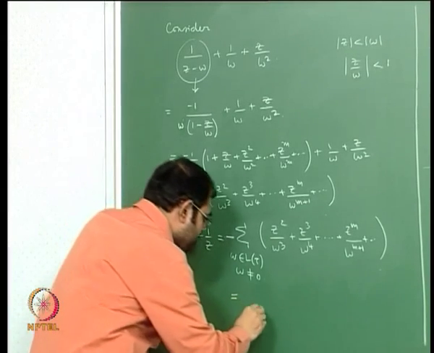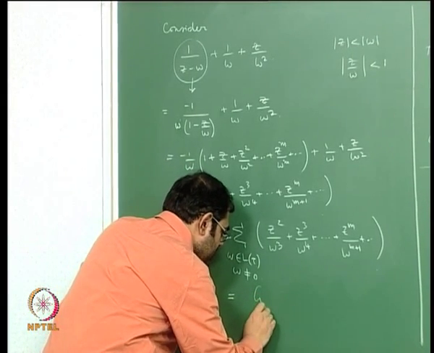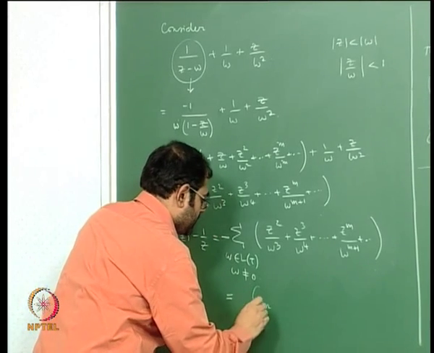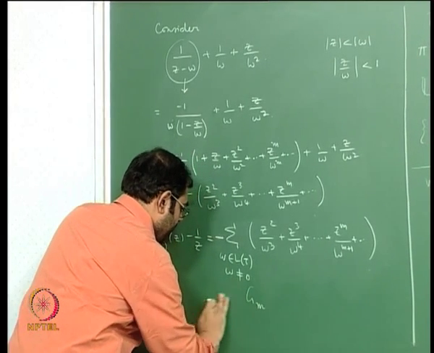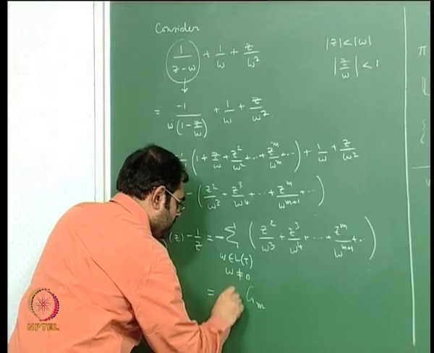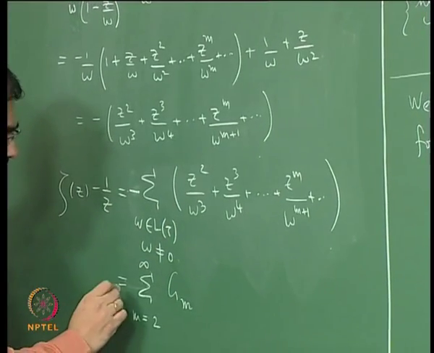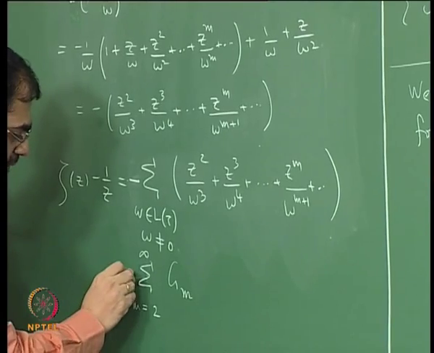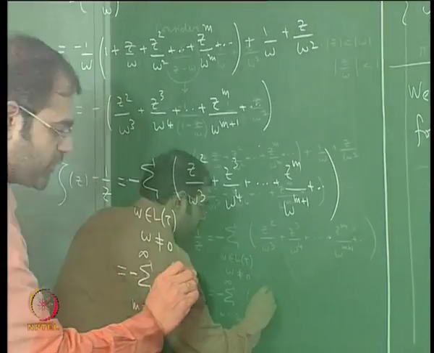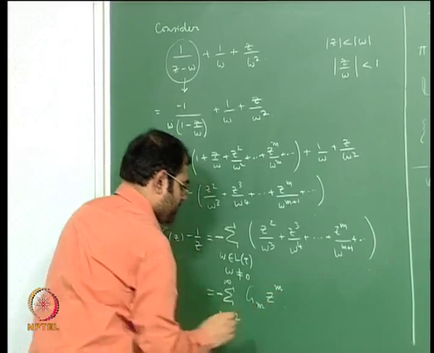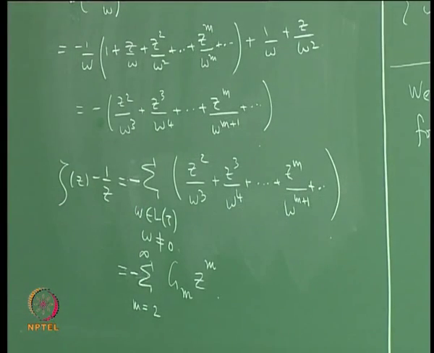So if I write it as powers of z, I write it as g sub m, and I write sigma m equal to 2 to infinity, and I'll put a minus sign outside and put z power m. So let me write it like this.